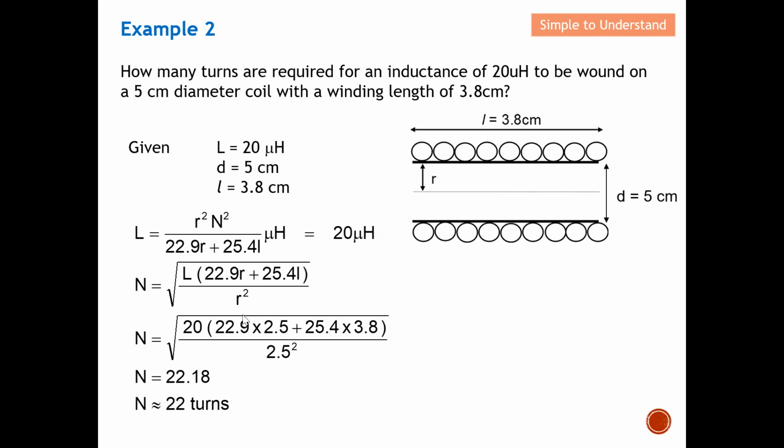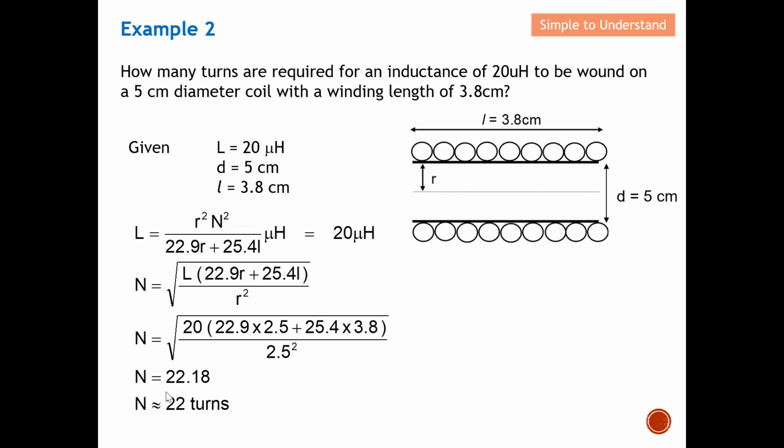So I substitute all the values here. The radius will be 2.5 centimeter, and I know the length, which is 3.8 centimeter from this diagram. The radius again is 2.5 centimeter. I can compute that the number of turns is 22.18. However, I can't afford to have a decimal point, so I make it as close as possible.